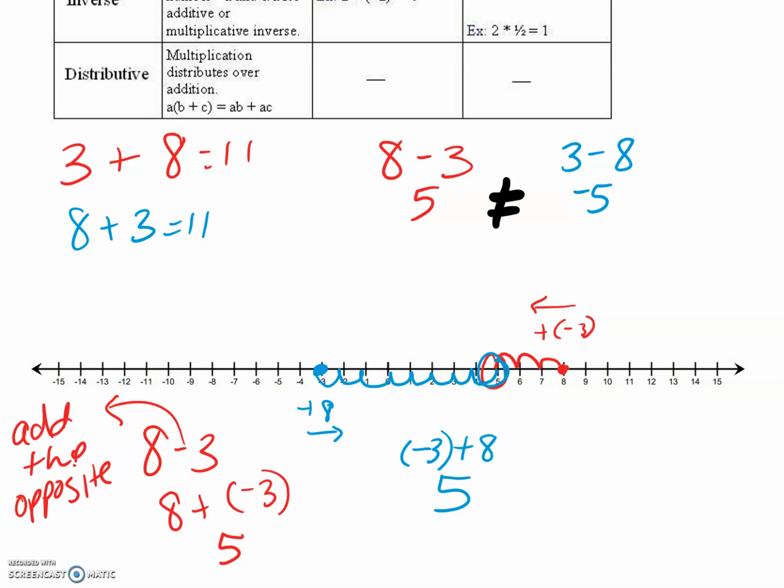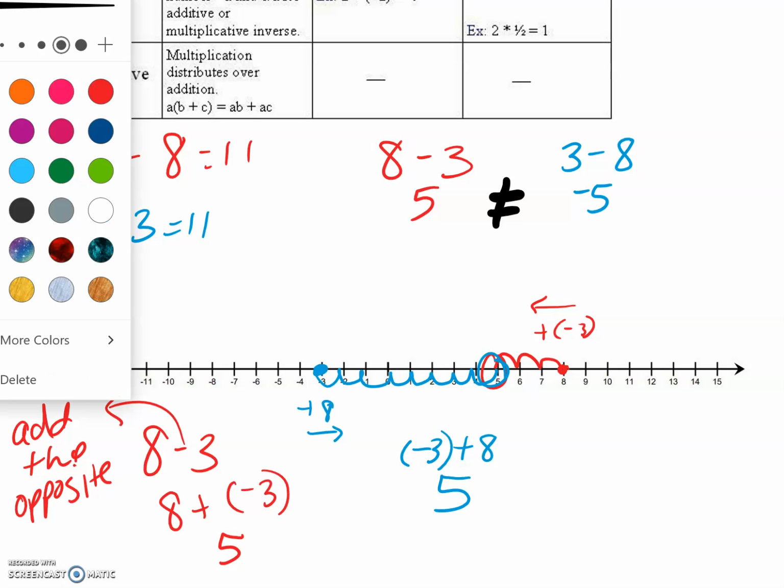This is why we are rewriting subtraction problems. Because if we rewrite subtraction problems as addition problems, the commutative property works for us. And it's a lot easier to rearrange numbers around plus signs. We don't have to worry about other things, because sometimes we need to just move numbers around to make it easier for us. But this is the reasoning behind rewriting.